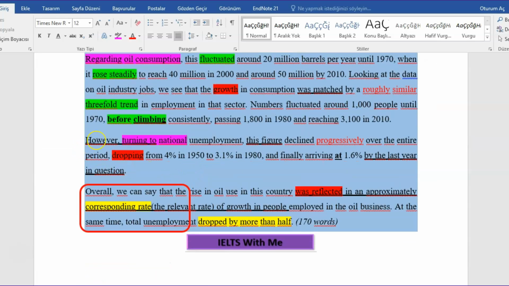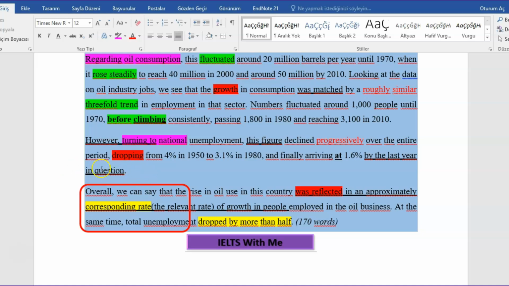However, turning to national unemployment, this figure declined progressively over the entire period, dropping from 4% in 1950 to 3.1% in 1980, and finally arriving at 1.6% by the last year in question, right?